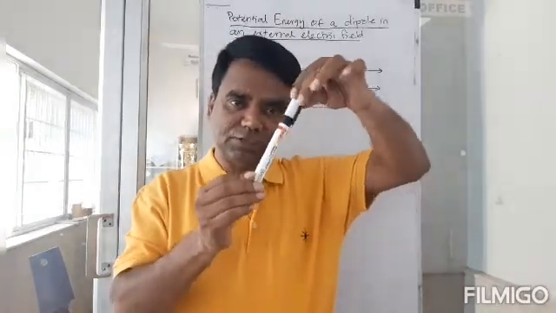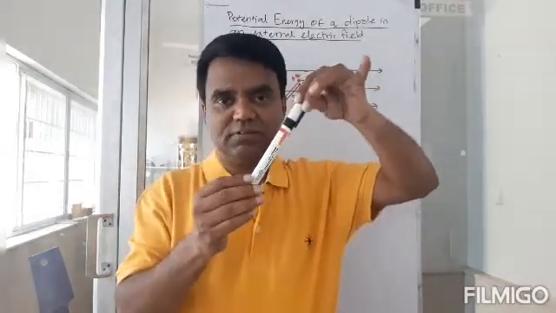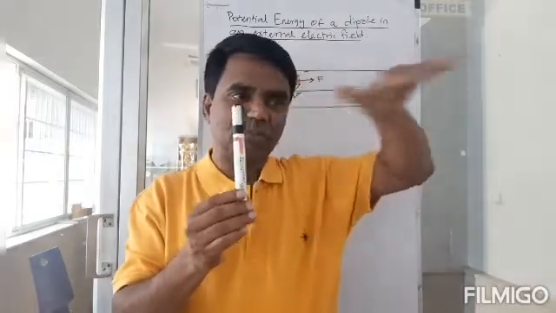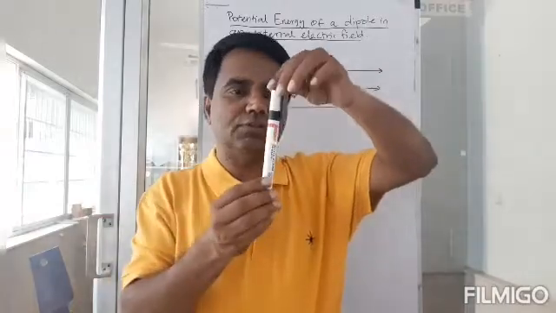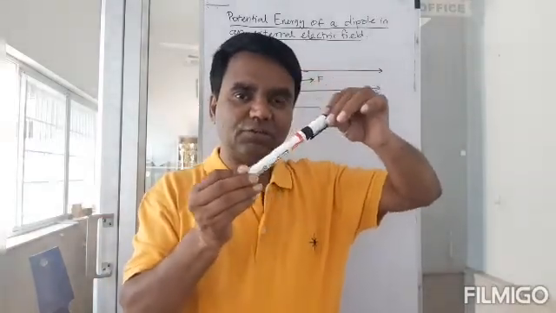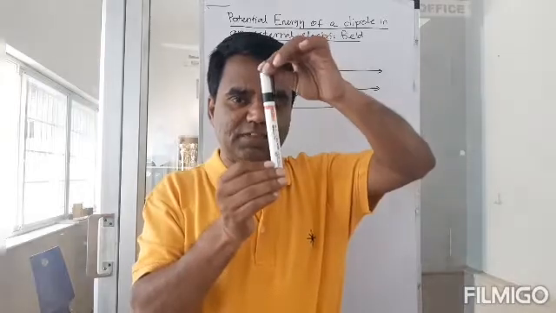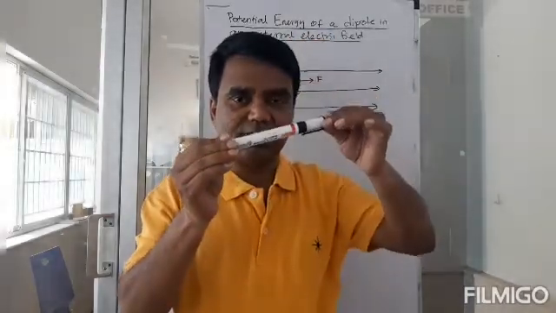So H is going to be repelled and OH is going to be attracted. So it will start rotating, like this.